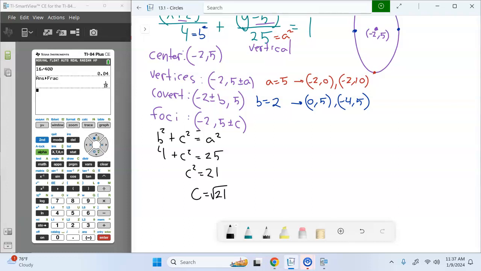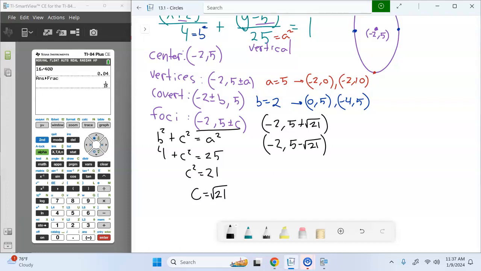When we plug it into the formula for our foci, we're just going to leave it as it is. We're going to say it's -2, 5 plus root 21, and -2, 5 minus the square root of 21.